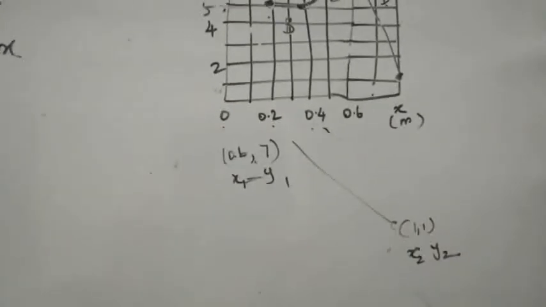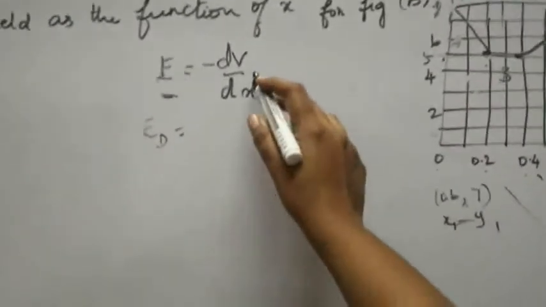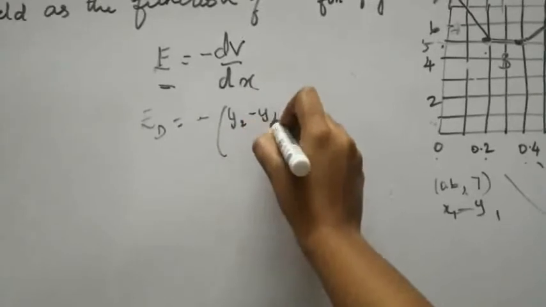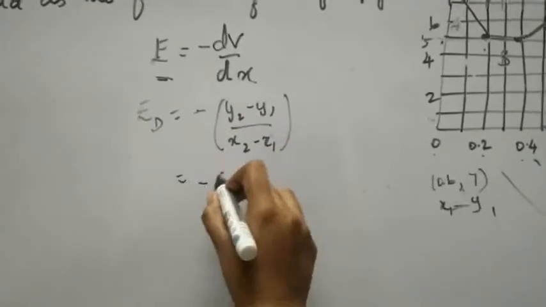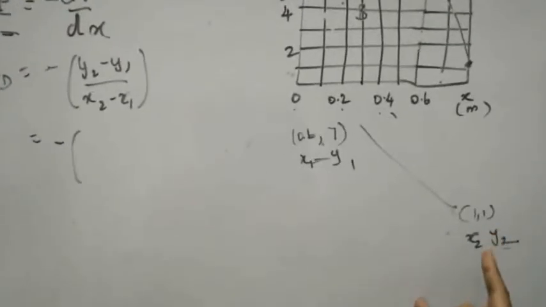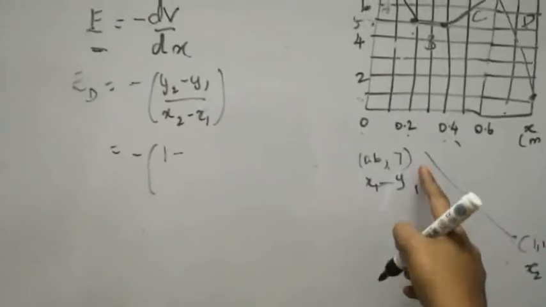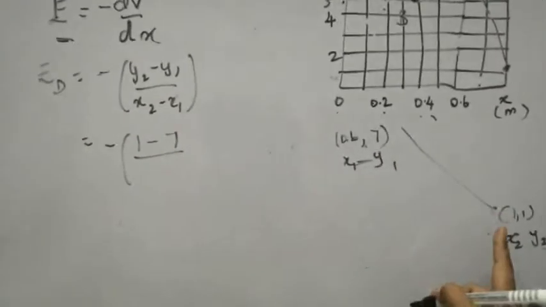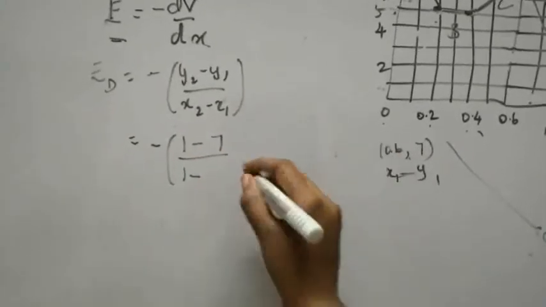Again, the difference in y value, that is minus of y2 minus y1 by x2 minus x1. y2 is 1 and y1 is 7, x2 is 1 and x1 is 0.6.